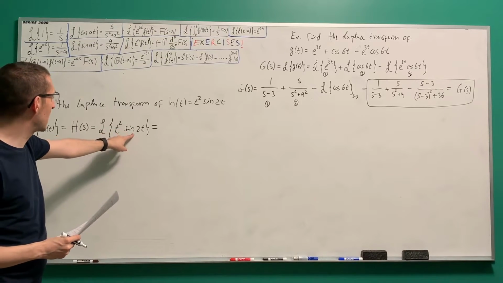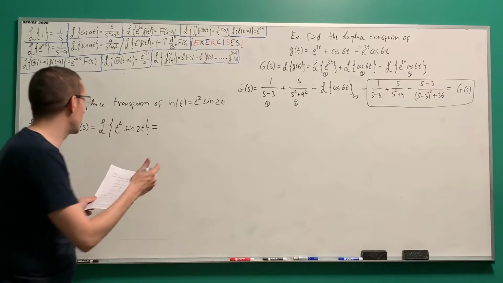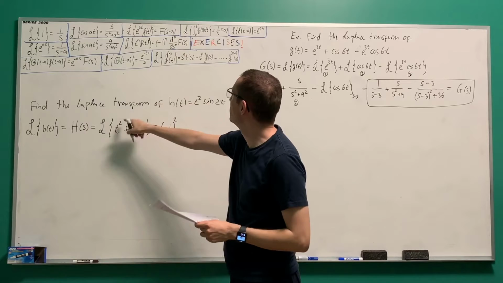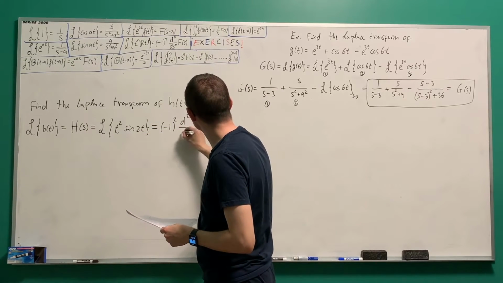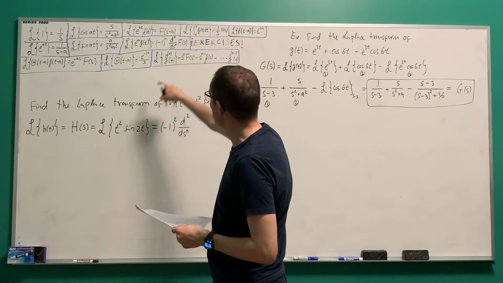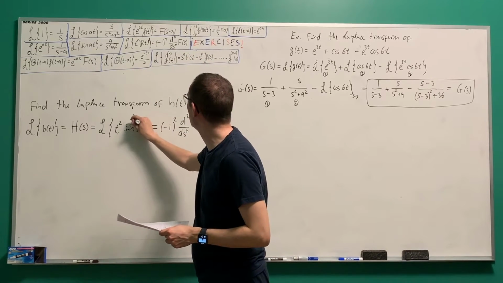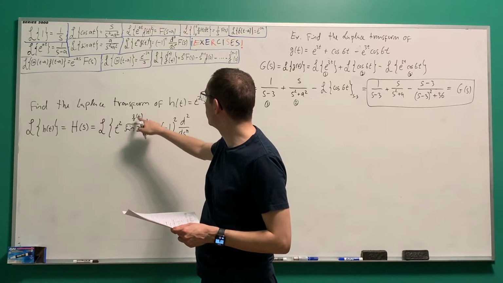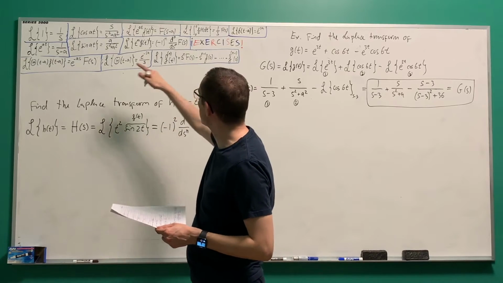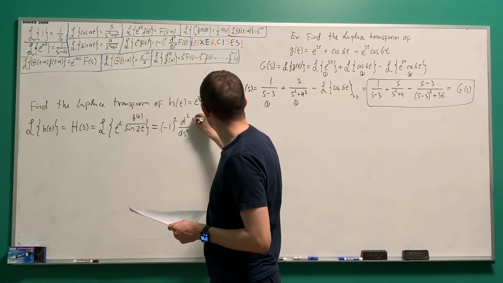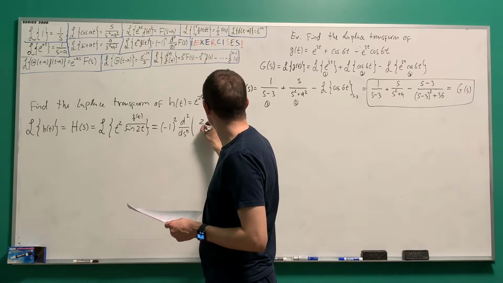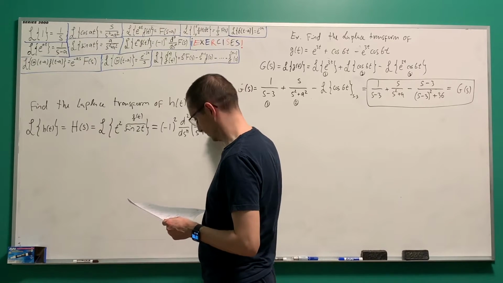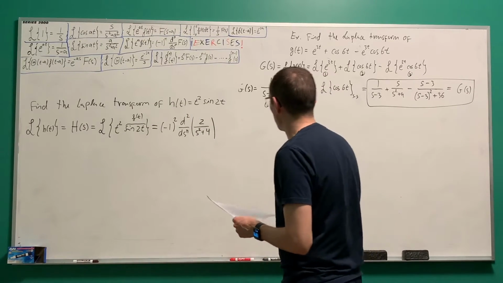I know what the Laplace transform of the sine is, and I have a t squared multiplied, so using the theorem, this is going to be (-1)^2 times the second derivative of F(s). Here f(t) is sine of 2t, so capital F(s) is the transform of the sine, which is 2 divided by s squared plus 4. We just need to perform that derivative.